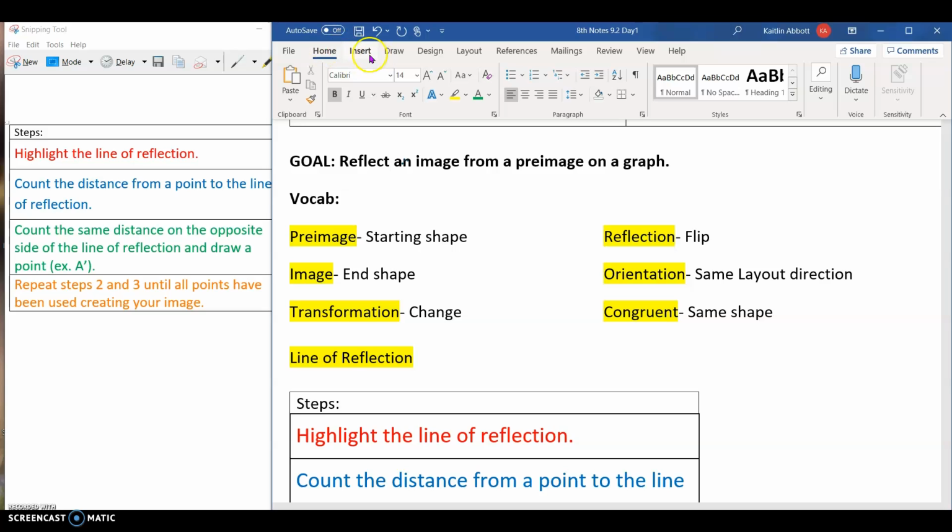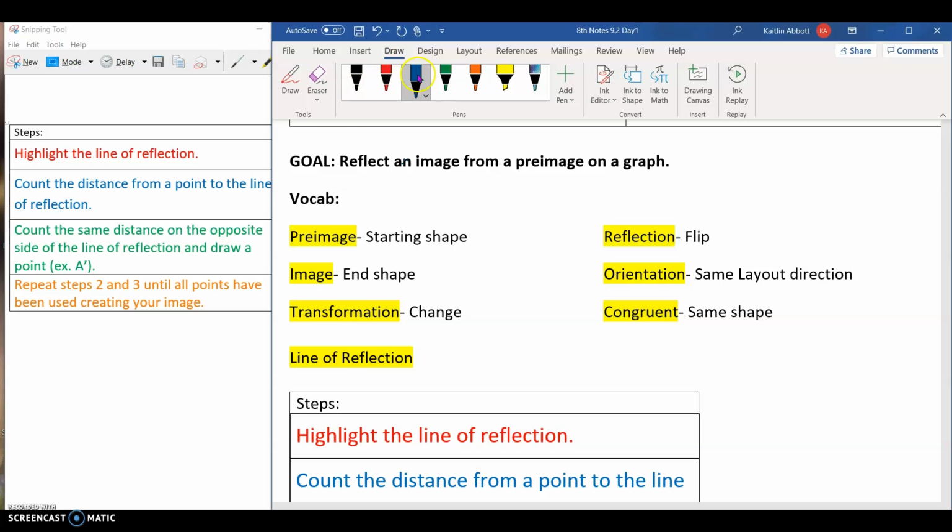So reflecting, if you think of the word reflect, what do you think that means? What are some ways we can use the word reflect? Something like reflection. Where have you heard the word reflection? Maybe in a mirror. Maybe you've seen your reflection in water. What do you normally see in a reflection? Do you see something else? Hopefully not.